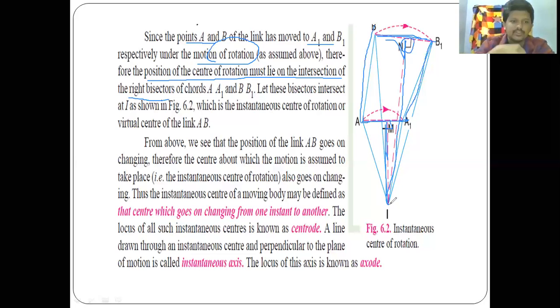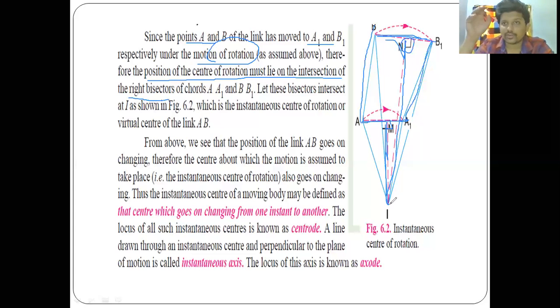Once again, explaining the same thing. We have a link AB. It is moving from AB to A1 B1. There might be translational and rotational motion simultaneously, but in the previous section we defined that we are only considering it as a pure rotational part. So we have to define a center for the rotation.